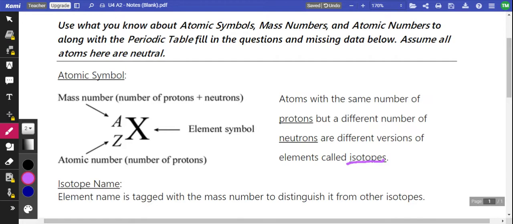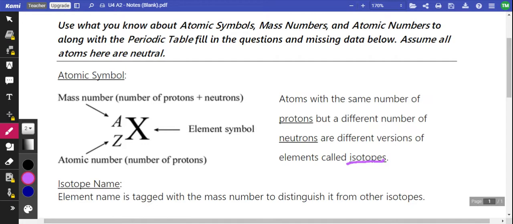Some elements only have one version, like beryllium is actually one of those. It only has a version of itself where it has 5 neutrons, and there's no other options. But other elements can have upwards of 20 or more different versions, different isotopes. Like carbon can come in the forms of carbon with 6 neutrons, or carbon with 7 neutrons, or carbon with 8 neutrons.